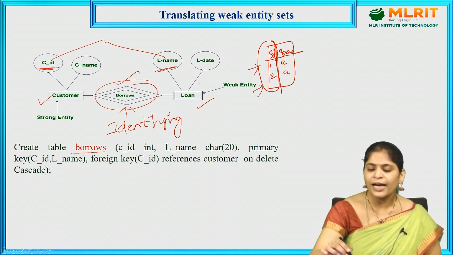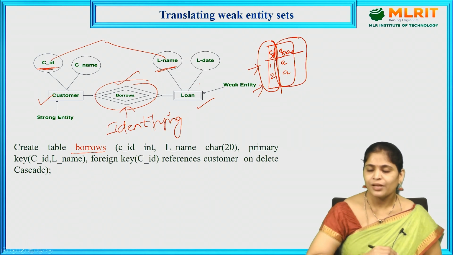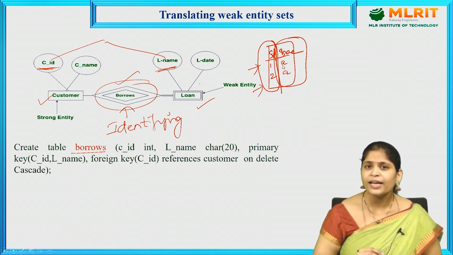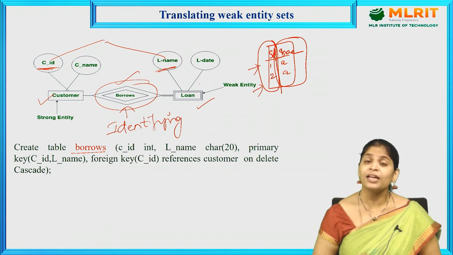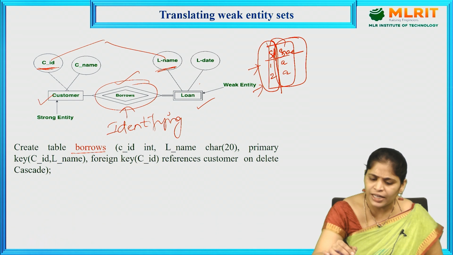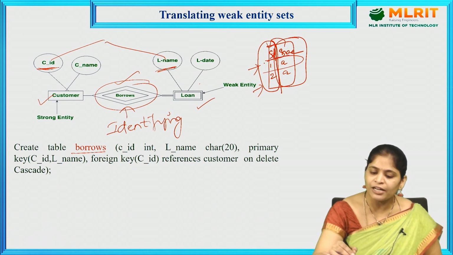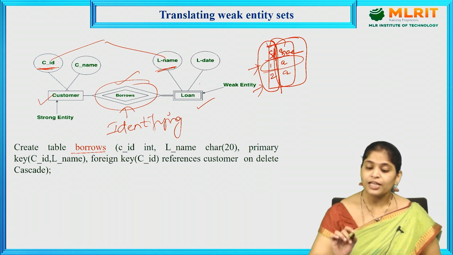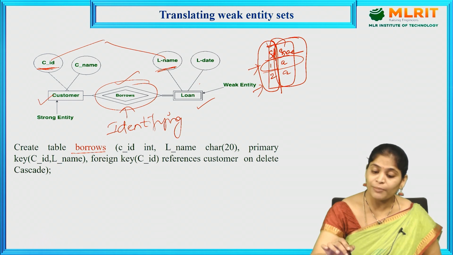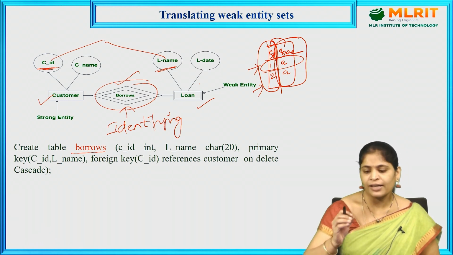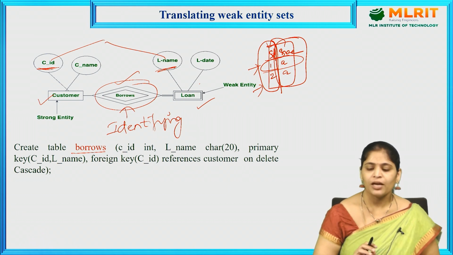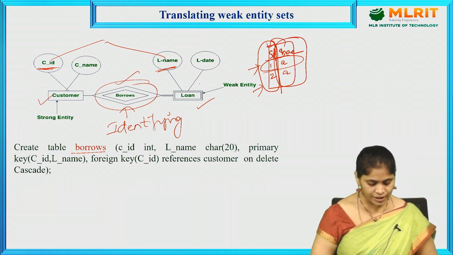If I depend only upon name, students can have the same names, right? A person can have the same name. Then how can I uniquely identify them? With the help of SID only, I can uniquely identify a particular student. That means if I combine roll number and name, then I can identify that particular student. That is the concept included here.